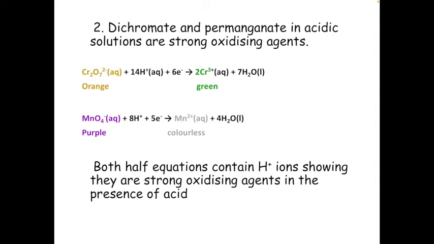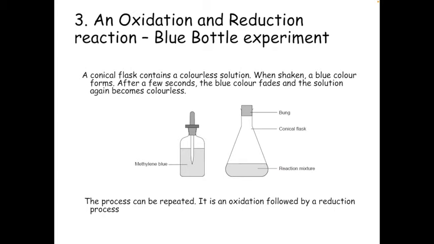Obviously there was no colour change if it was a ketone because it cannot be oxidised. And in these you can see that each of those are being reduced as well. Okay, this is gaining 5 electrons, this is gaining 6 electrons. So these are being reduced themselves. They're very powerful oxidising agents, especially in the presence of acid.